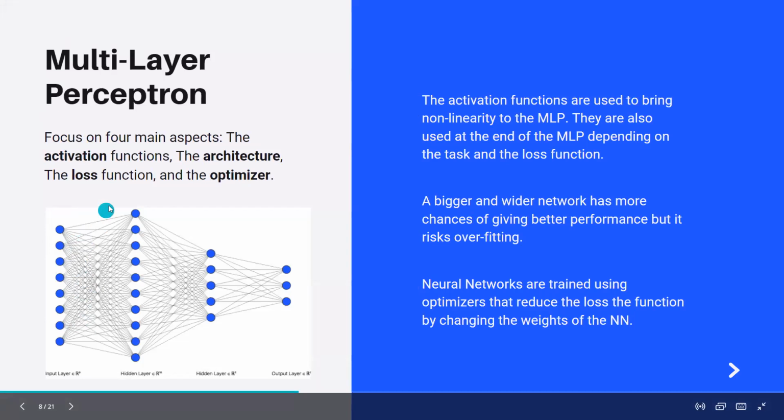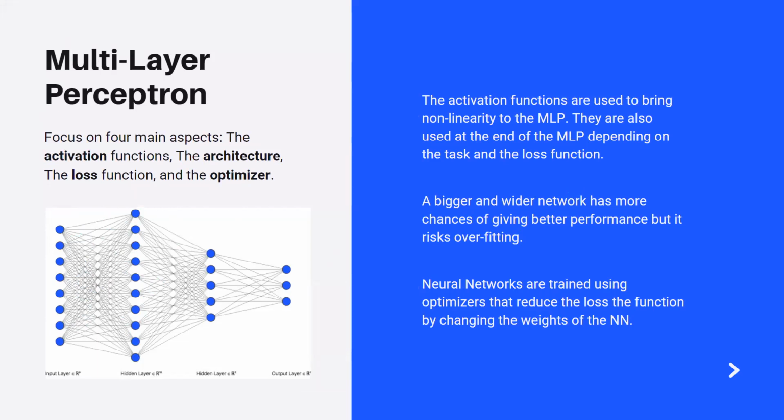So 200 multiplied by 100 plus 200 multiplied... So it's going to be a lot of weights, right? We're trying to learn millions of different numbers that will give us the best neural network possible. I will not go into more detail on this one because we will spend a lot of time on it, but this is an overview of what neural networks are.